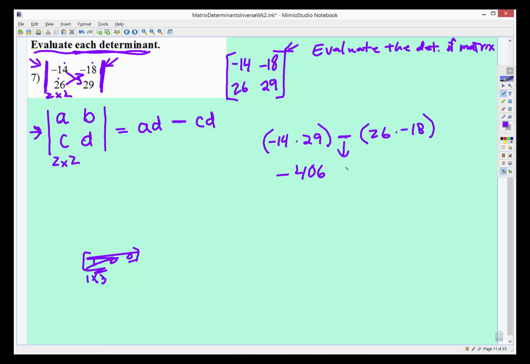Bring down the subtract sign, and then 26 times negative 18 is negative 468. And subtract a negative becomes add a positive. And when you add those two together, you get 62. So the determinant of this matrix is 62.